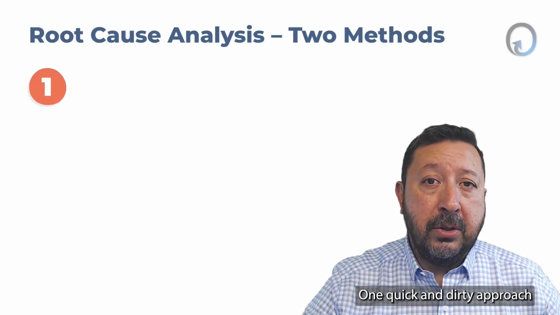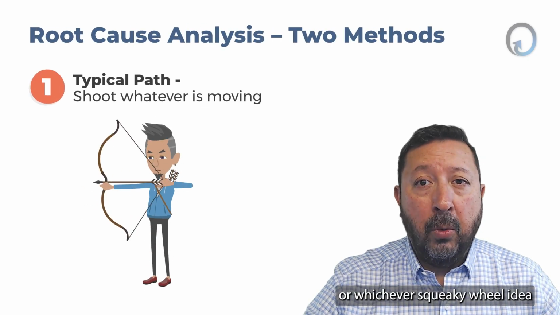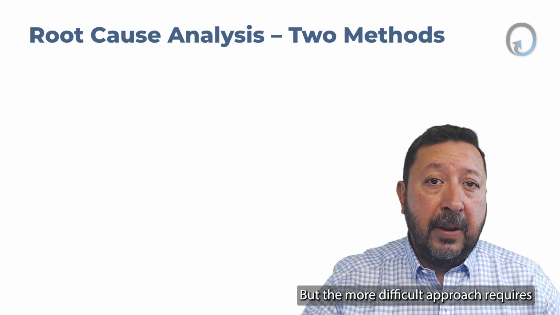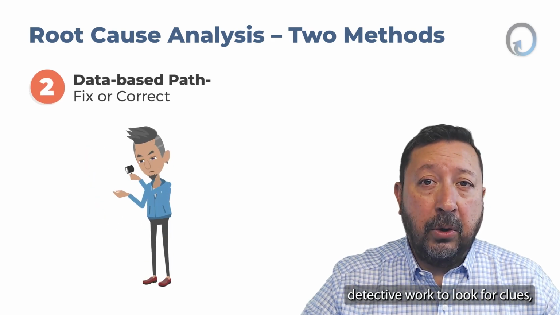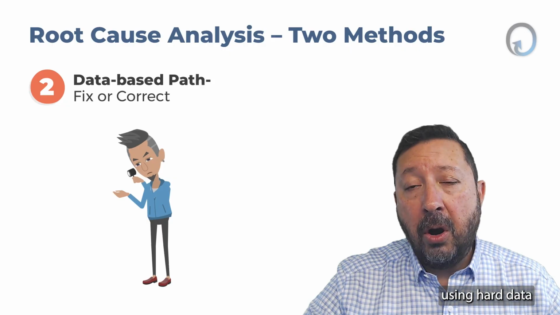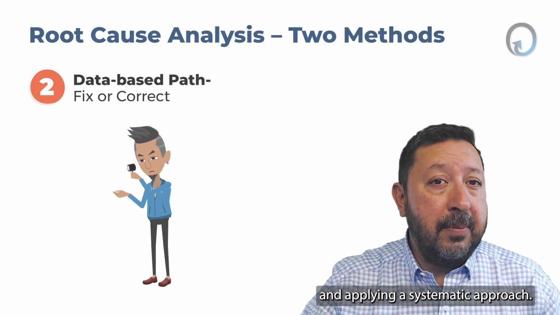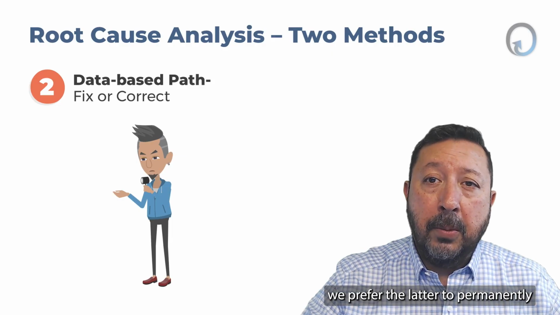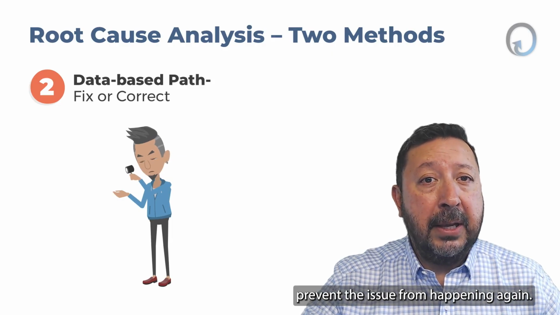One quick and dirty approach is to shoot at whatever is moving, or whichever squeaky wheel idea gains traction. But the more difficult approach requires detective work to look for clues using hard data and applying a systematic approach. In the lean world, we prefer the latter to permanently prevent the issue from happening again.